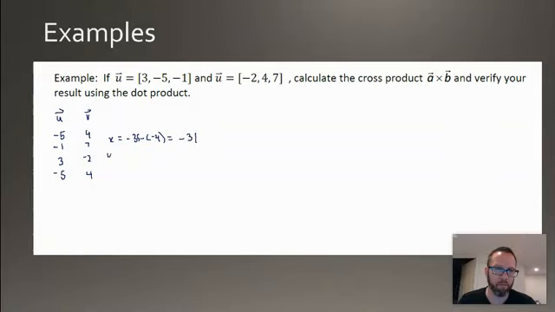I think it's right, but I'm going to check in a second, so I won't worry too much about it. 2 minus 21 is -19. And 12 subtract 10 is 2. So I think U cross V is -31, -19, and 2.